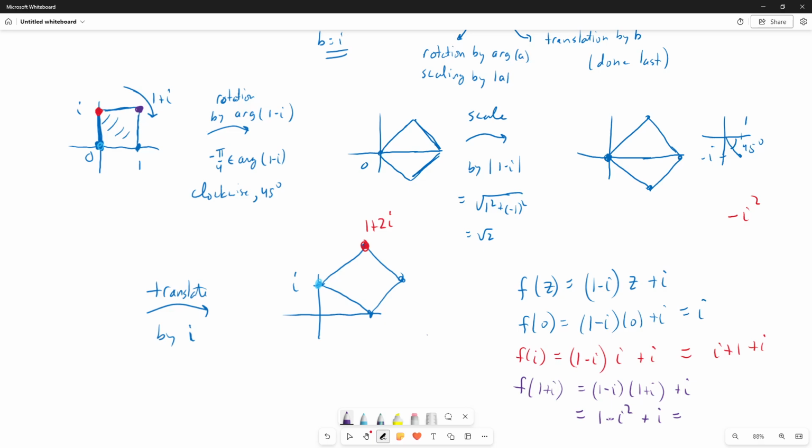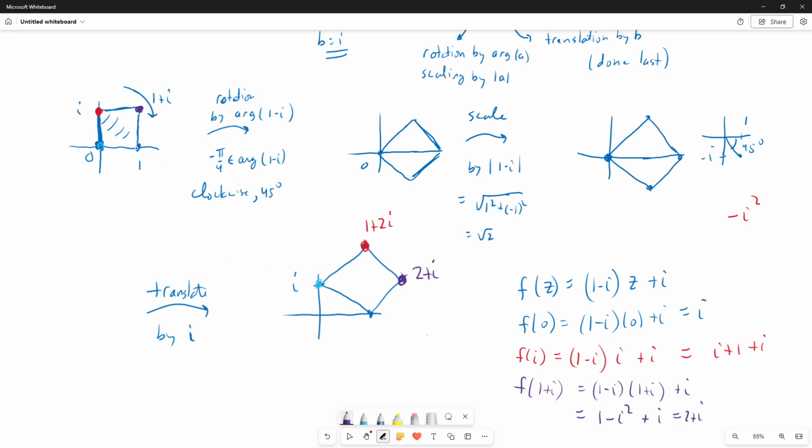Minus i squared is 1, and 1 plus 1 is 2, so this is 2 plus i.